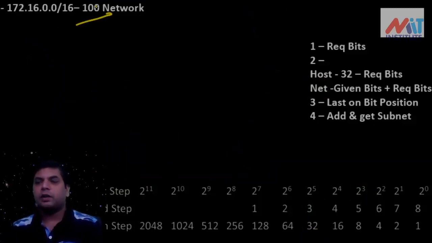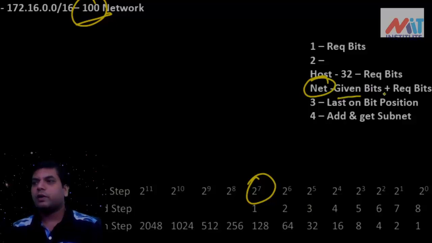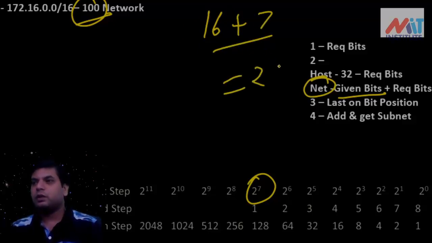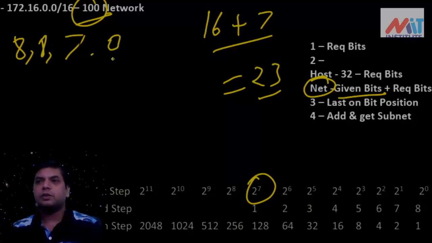Next example. Now we create 100 networks. For 100 networks we require 7 bits, so we need to add 16 plus 7, which will be 23. So first octet full, second full, in the third we will have 7 bits on.